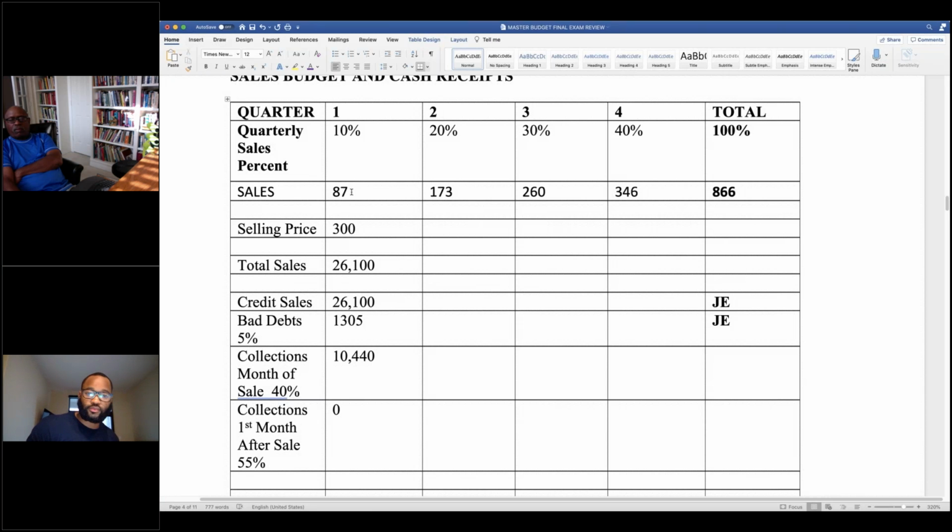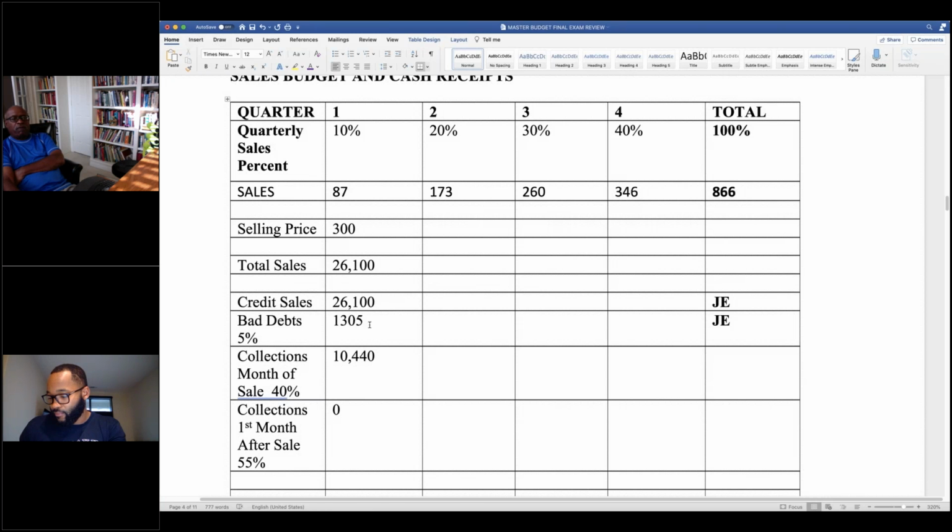We had to take the total sales. Selling price is 300. So how do we get 26,100? We had to multiply the 87 times 300. How do we get 1,305? We did 5% of 26,100.